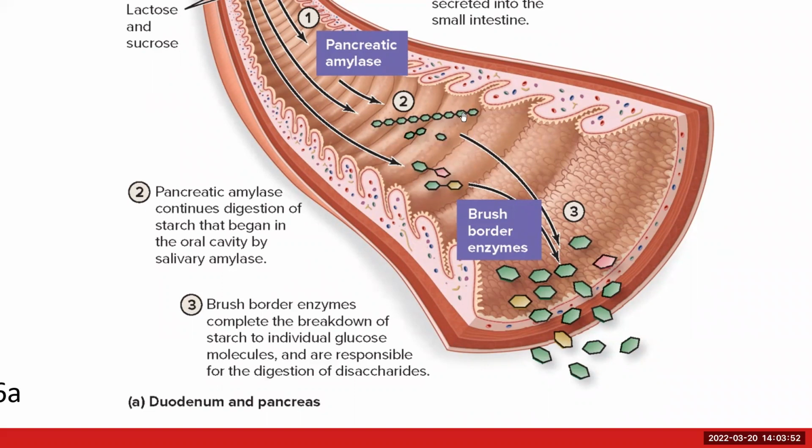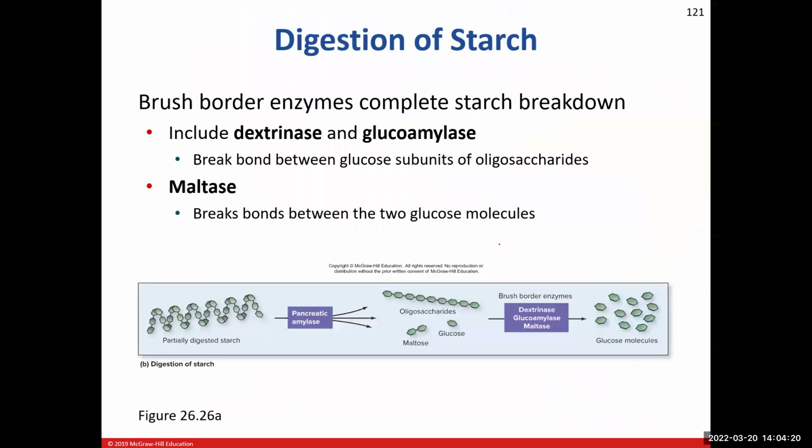But the brush border is the name that we give to microvilli on the epithelial tissue. And this whole internal lining is loaded with our non-ciliated simple columnar epithelium. That simple columnar epithelium is going to have microvilli on the top. And that's where these brush border enzymes are going to be found.